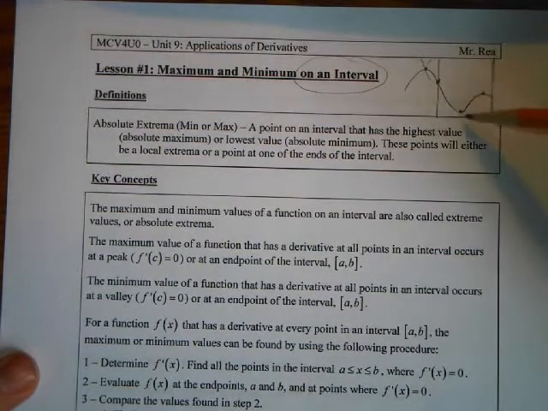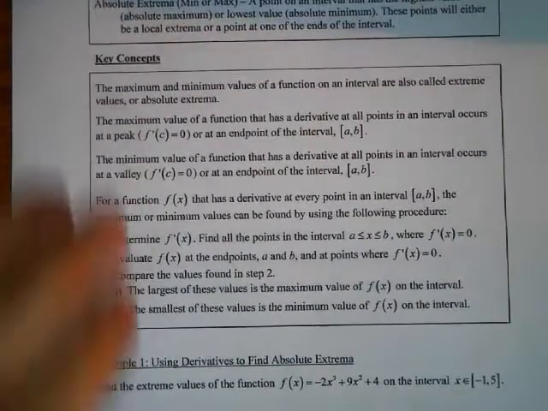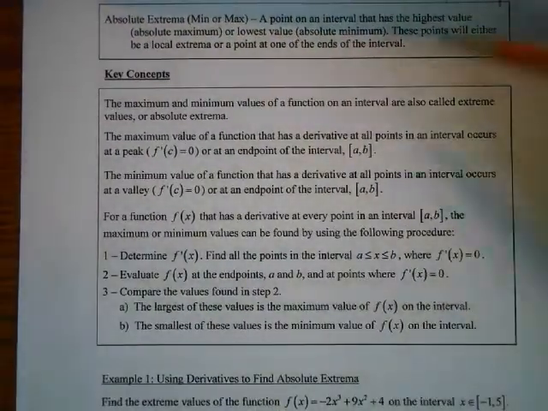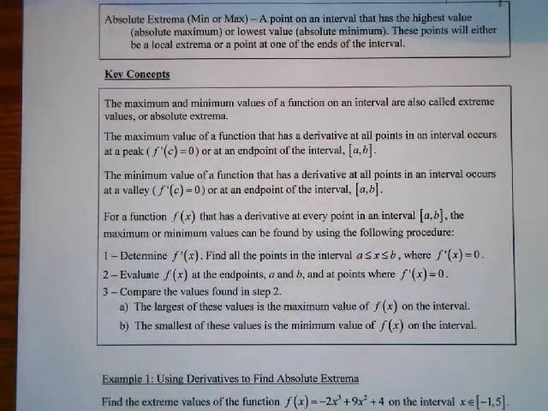So the thing we have to add to this procedure is, first we find the critical points, and then we also check the endpoints of the interval, and then we evaluate the function at those values of x and find the lowest and the highest. That's what this lesson's all about. Just a couple of definitions here.